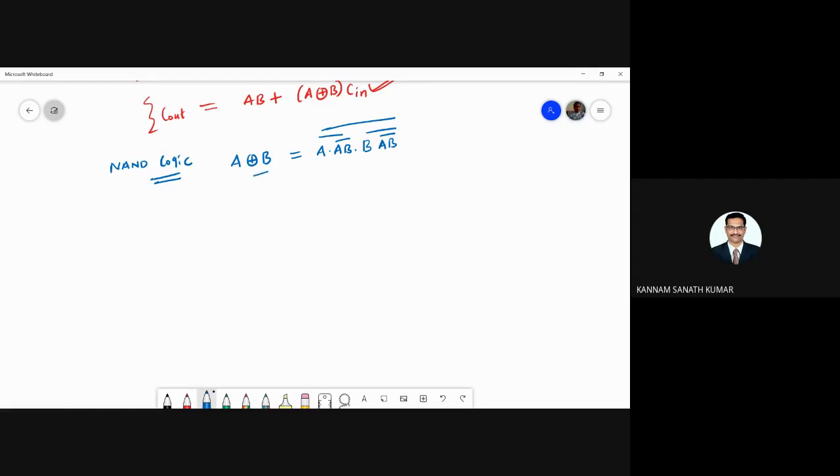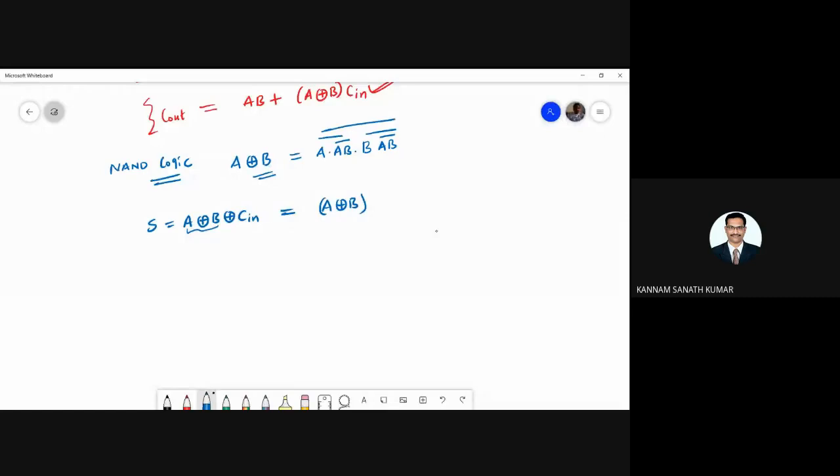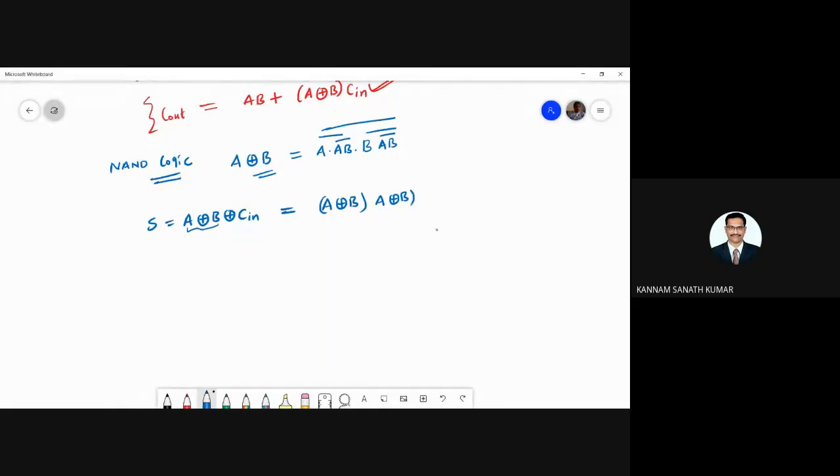Now same like this, I can write the sum as A XOR B XOR Cin: A XOR B, into, so this I am considering as one term, that means A, and Cin as B. So A XOR B into Cin bar, into Cin, A XOR B into Cin, whole bar, again whole bar.